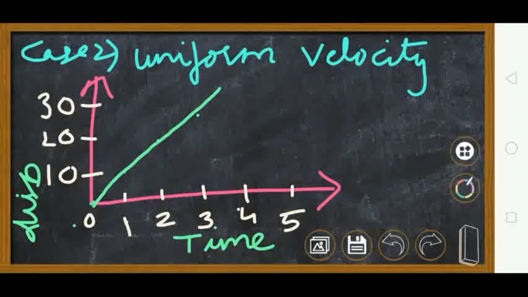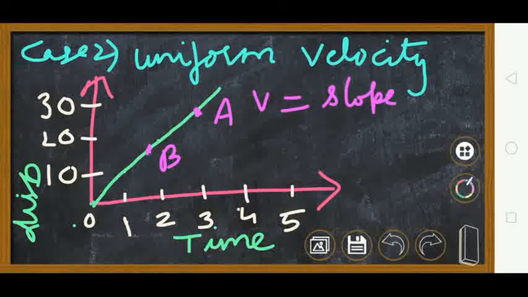Take this as one point, say A, and take this as another point, B. I want to find the velocity of the body when it is moving from B to A. Between these 2 points I want to find the velocity. So velocity is equal to the slope of this line, the slope of AB or BA. And slope is what?